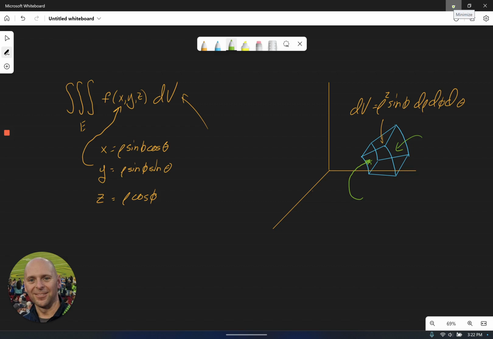So maybe these functions are, say, g1 of theta and phi, and maybe this outer function here is g2 of theta and phi. So we should just be aware that those kinds of situations can happen depending on what kind of a volume we're working on.